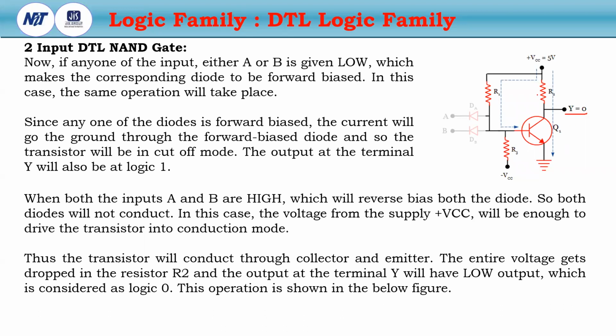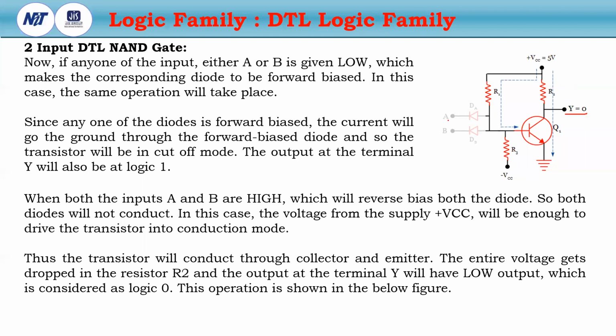Then the voltage drop will occur at the output resistance R2, so there will be no voltage at the output. So the output at Y is treated as logic 0. So this is the NAND gate.